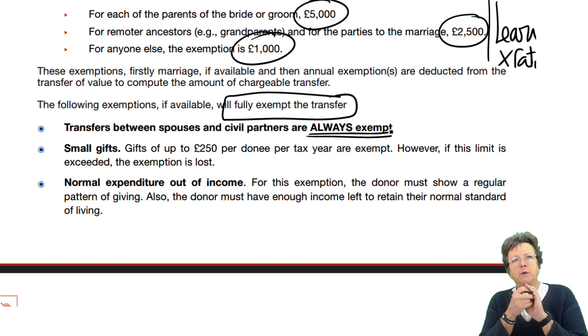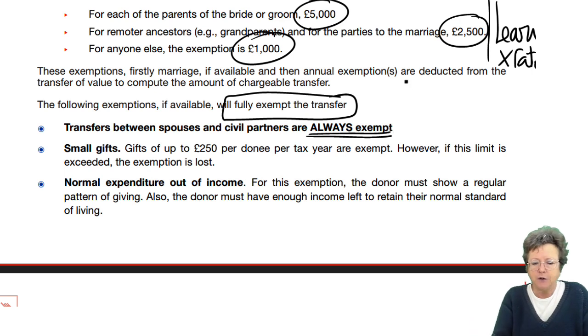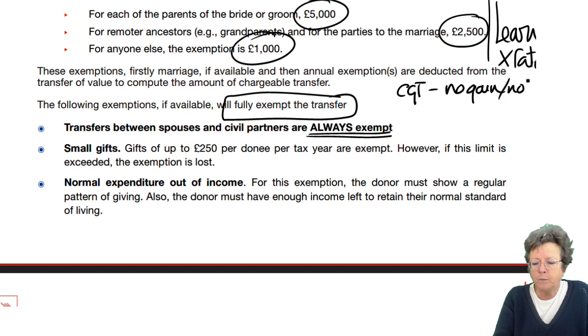Again, this situation arises for capital gains tax, where in that situation it's a no gain, no loss transfer. This is an exempt transfer. Please make sure you get the correct terminology with the correct tax. So for CGT, it's no gain, no loss. For IHT, it's exempt.